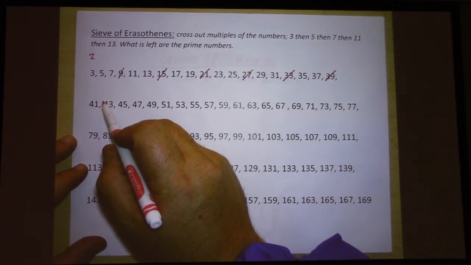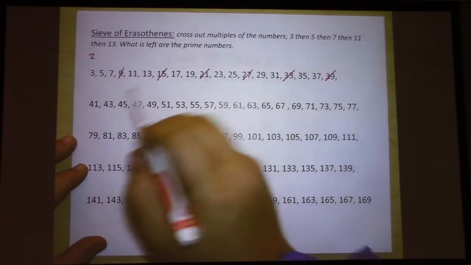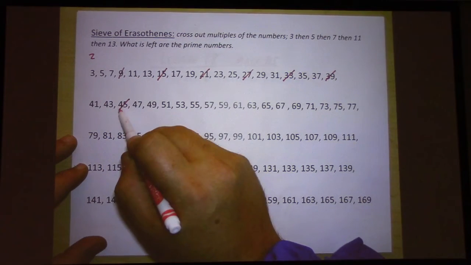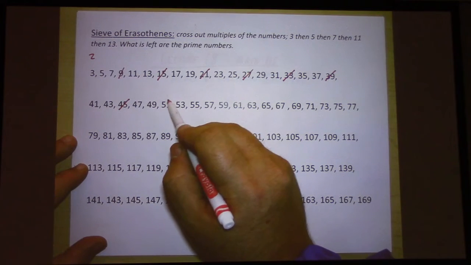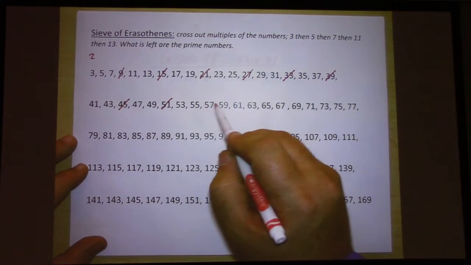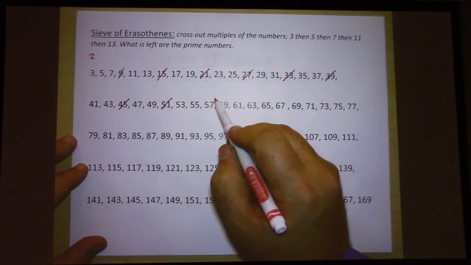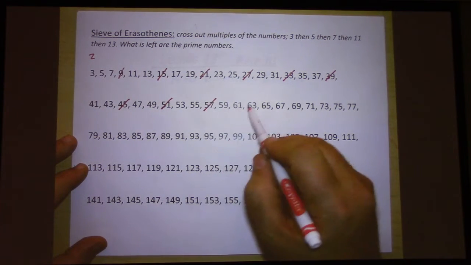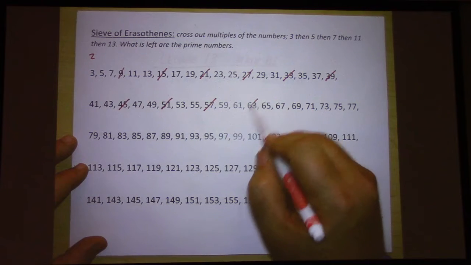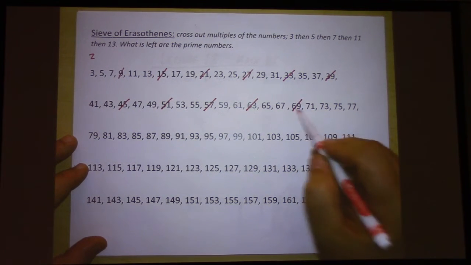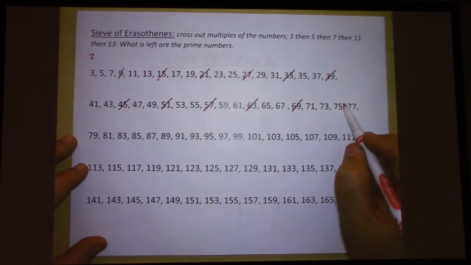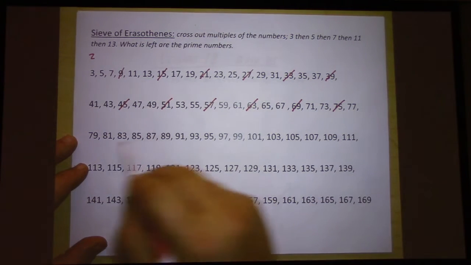3 times 14 is 42, that's out. 3 times 15, 45. 3 times 17 is 51. 3 times 19 is 57. 3 times 21, 63. 3 times 23 is 69. 3 times 25 is 75.